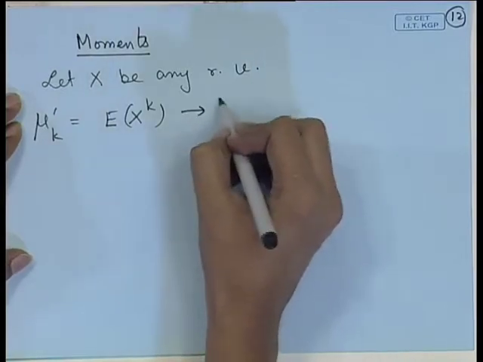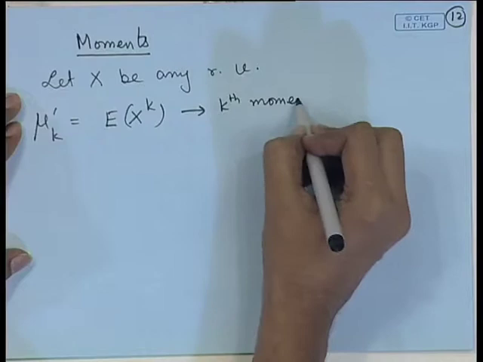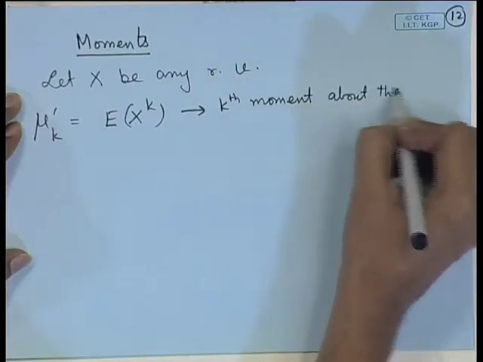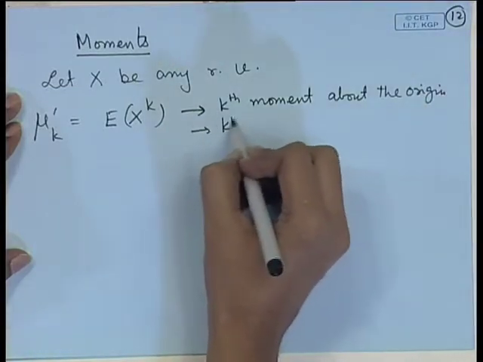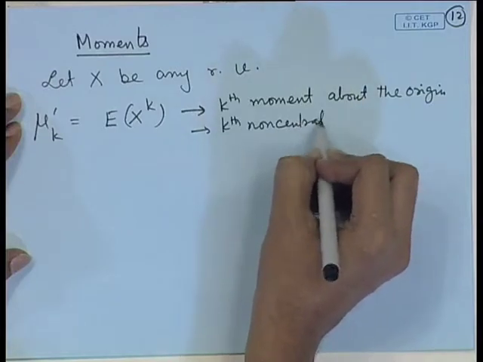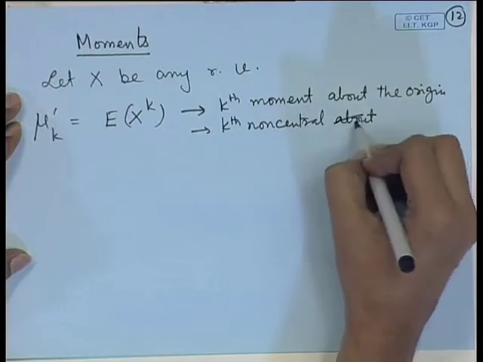This is called kth moment about the origin, or kth non-central moment.